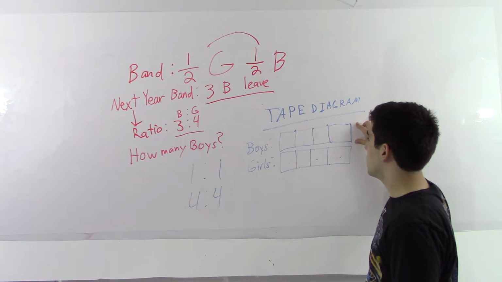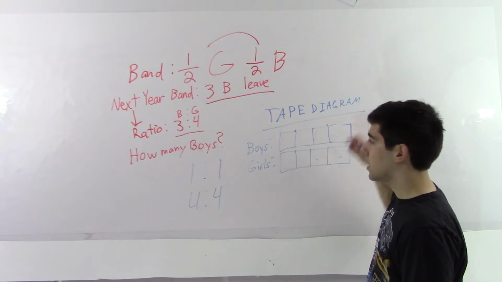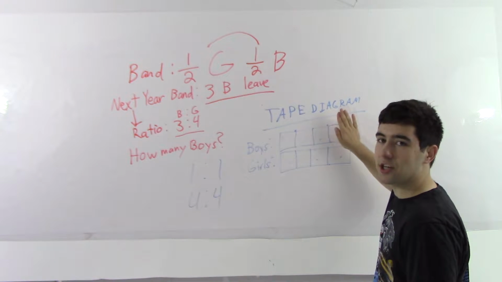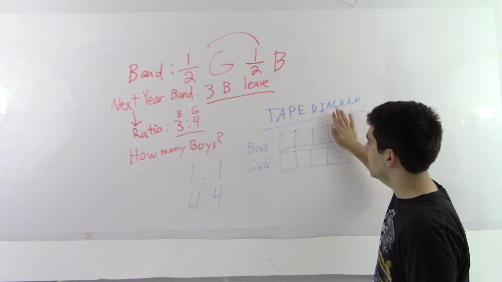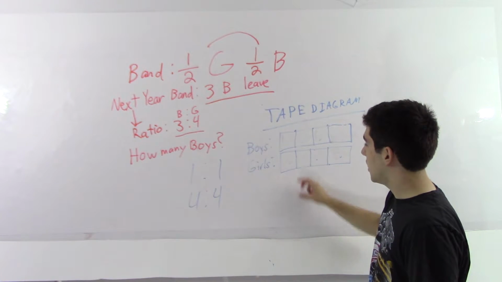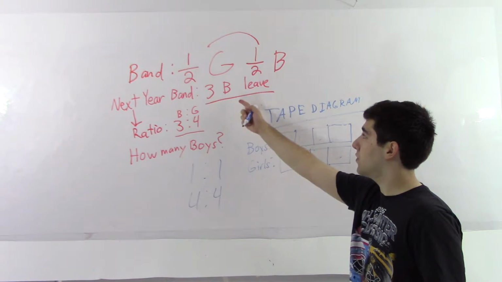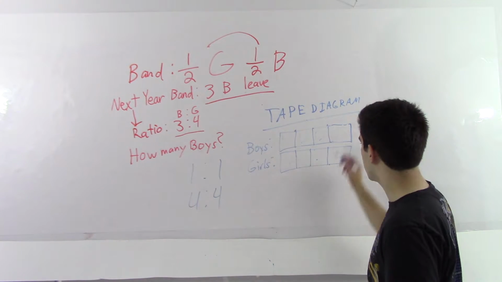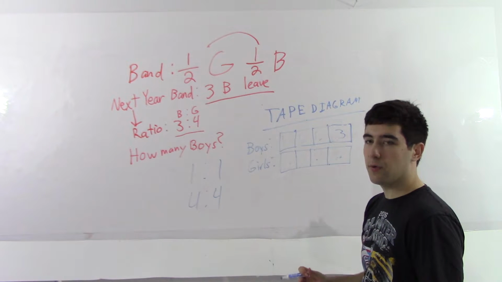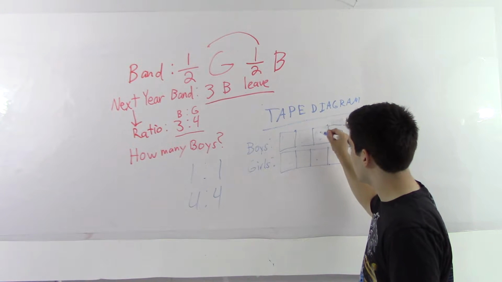On the other hand, we're going to have to get rid of 3 boys. So if we get rid of this box, it actually does our ratio for us. 3 sets of boys to 4 sets of girls, a ratio of 3 to 4. We only have to get rid of 3 boys to get to that ratio. So if we're getting rid of those 3 boys, we're going to set each box equal to 3.